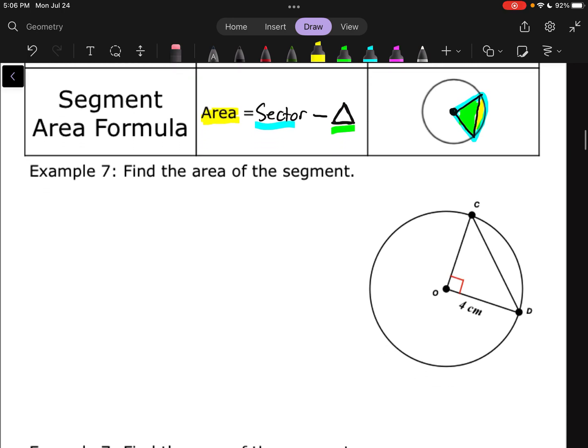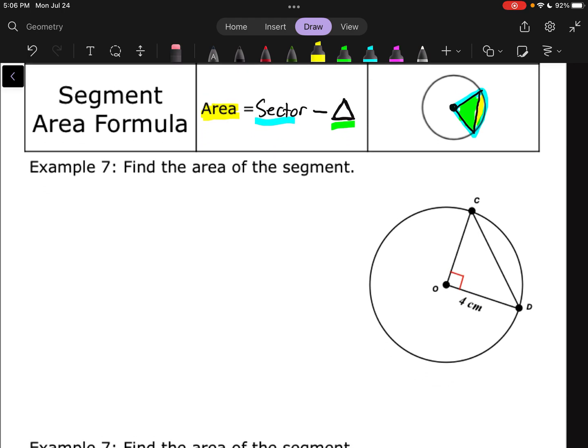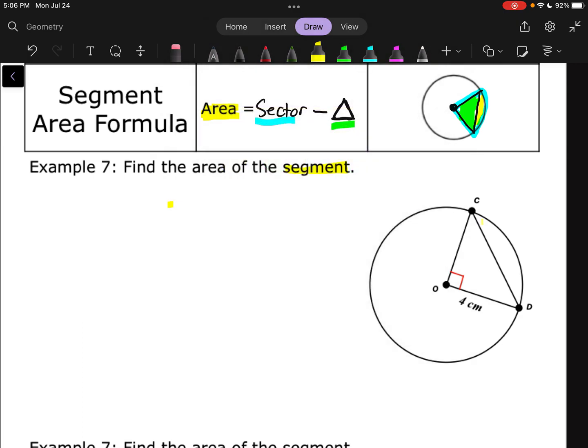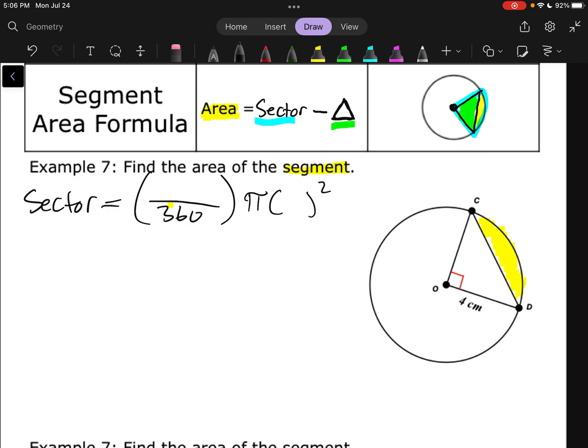Okay, so let's give this a shot here. So find the area of the segment. So they want us to find this part right here. Now to find that, first what we're going to do is find the area of the sector. Now the sector area formula is what we were just doing, where we do the amount of degrees over 360 times pi r squared.